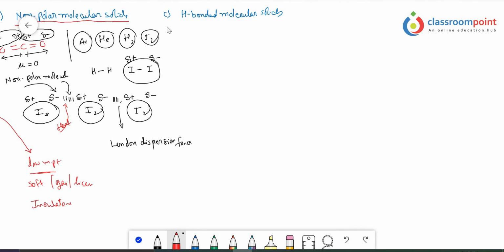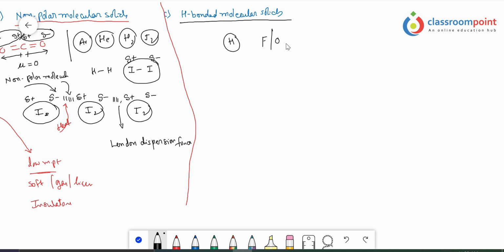Now come to hydrogen bonded molecular solids. These are formed between hydrogen and fluorine, oxygen or nitrogen of other atoms or the same atoms.